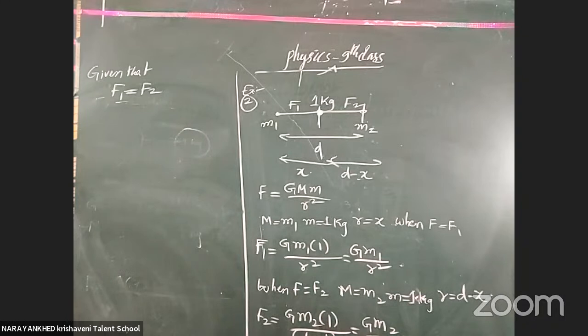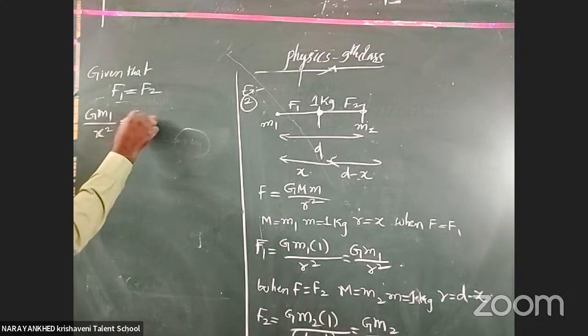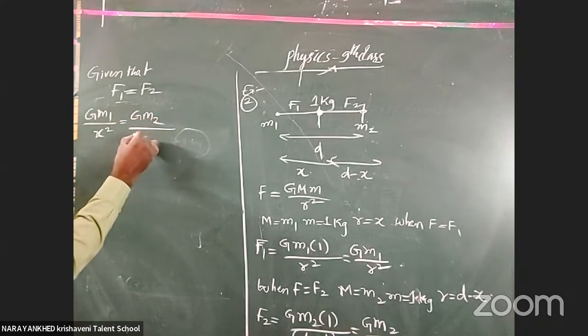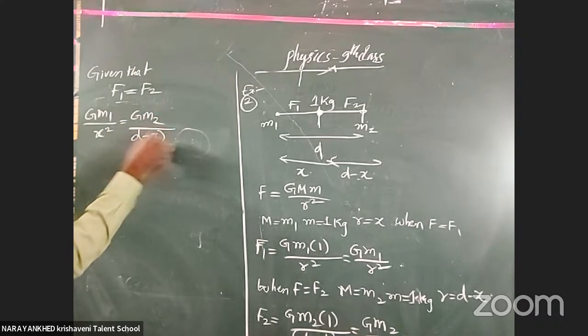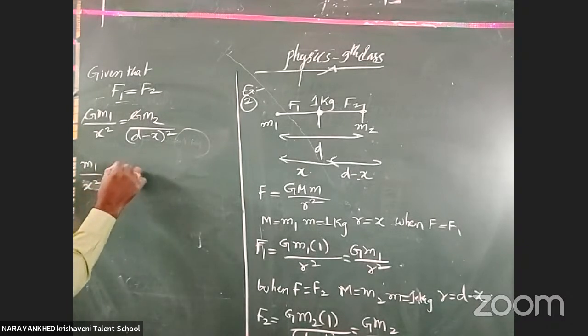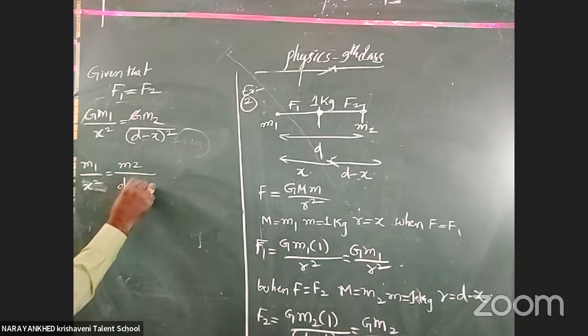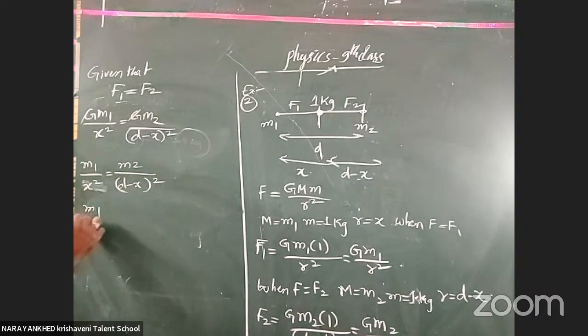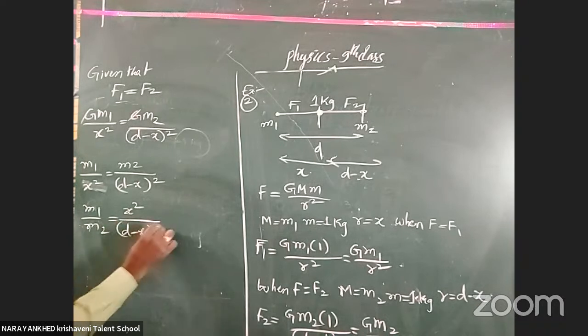Then G M1 by x square equals G M2 by (D minus x) whole square. Cancelling G, M1 by M2 equals x square by (D minus x) whole square.